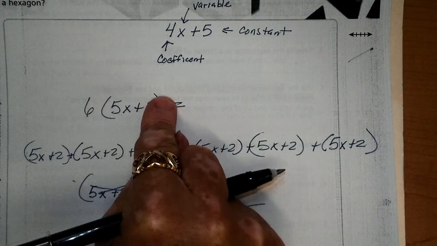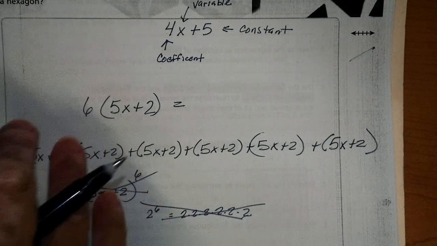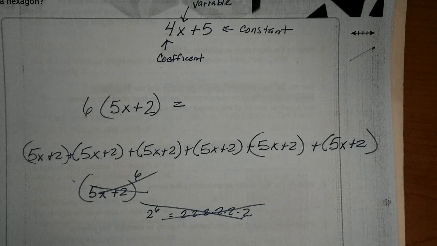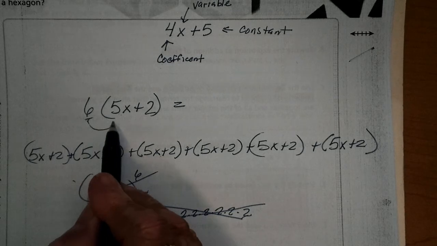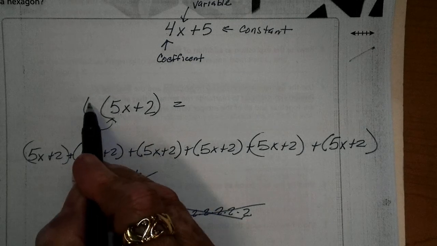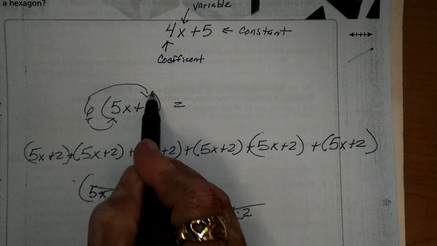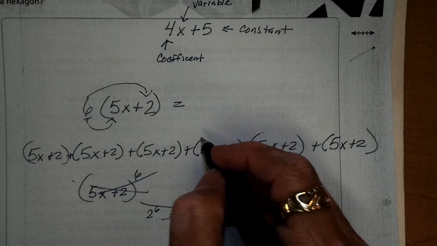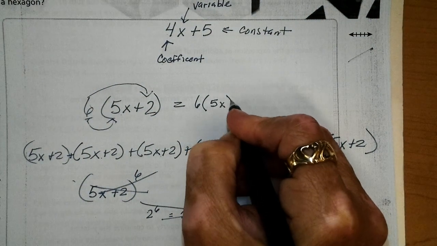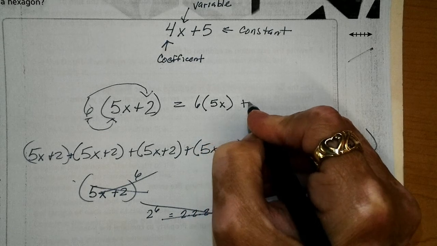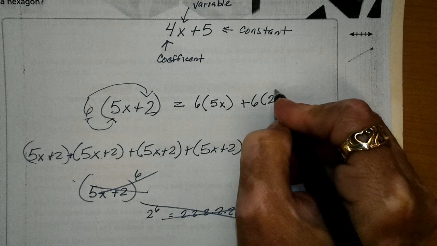So let's go back to this way, which is the effective way, which is the distributive property. So the distributive property says that whatever is on the outside, I'm going to multiply by everything on the inside. So I would get 6 times 5x plus 6 times 2.